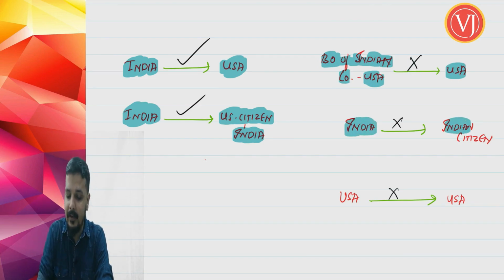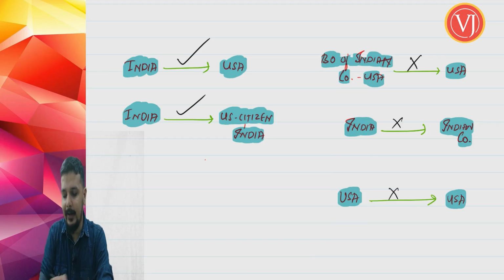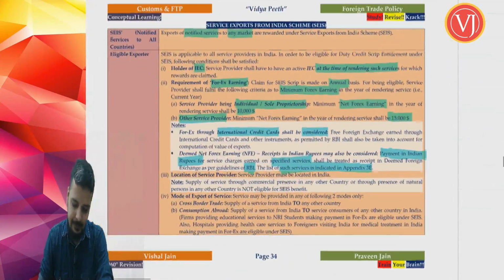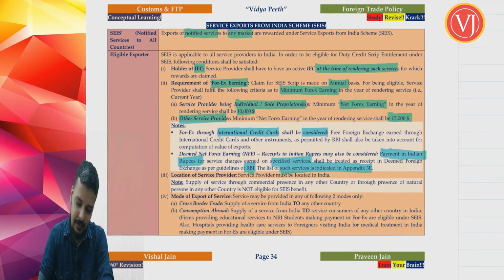An Indian company providing services to its Indian client, not counted. Rather than writing Indian citizen, better to write Indian company. A USA company providing services to a USA client, not counted. So that, friends, is given in detail here. Whatever we have discussed with the help of examples is clearly given in this particular case.